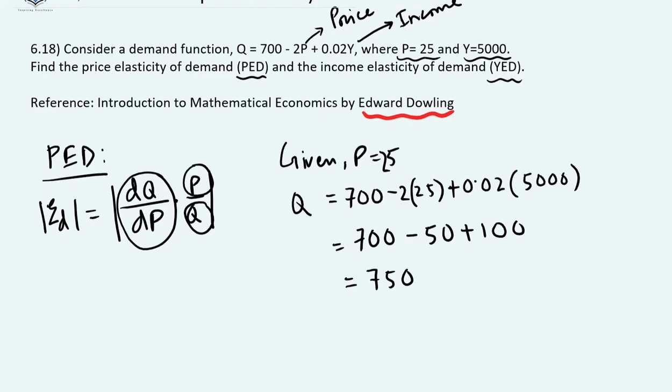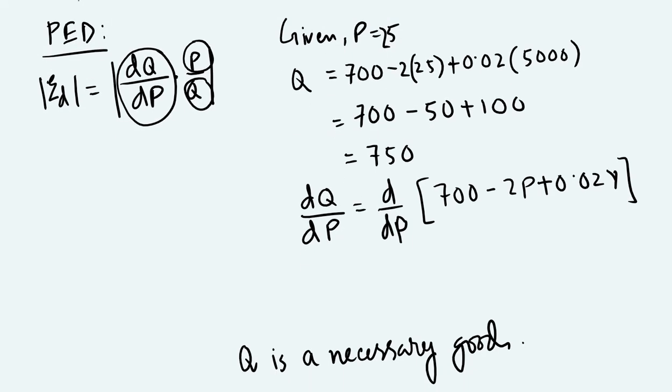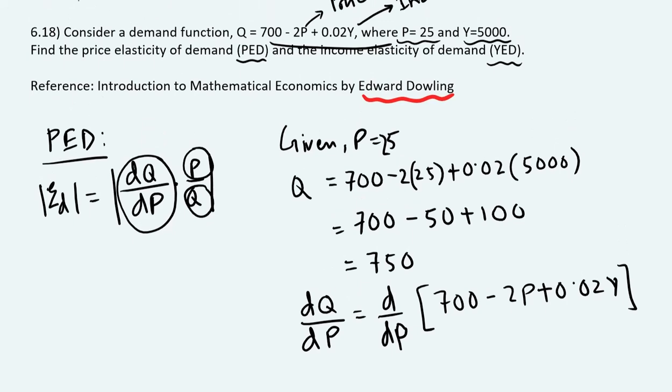Now I need the derivative of Q with respect to P. For that, I need to take the derivative of this function, which is 700 minus 2p plus 0.02y. Interesting thing is that if you remember the previous video of partial derivative, we have discussed the situation where you have more than one independent variable.